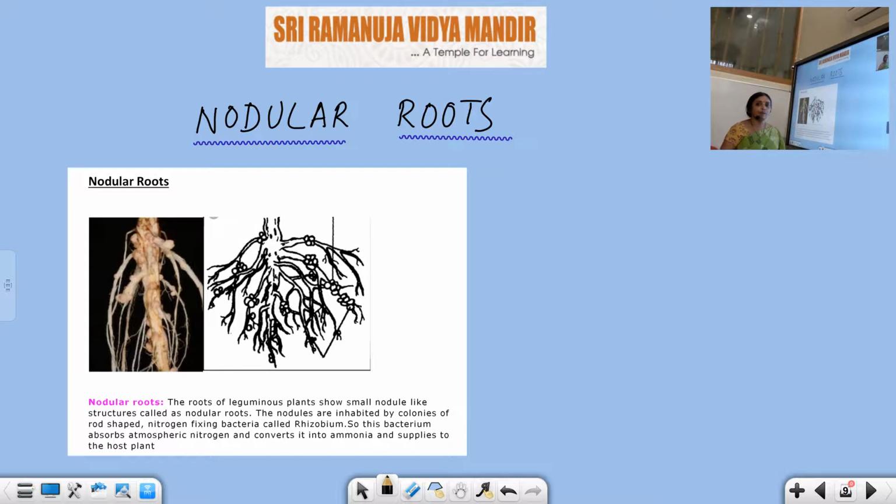Due to the presence of papilionaceous corolla, the family name is Papilionaceae. So in leguminous plants, the roots have small nodule-like structures. We can observe these nodule-like structures in the roots. These are nodules.